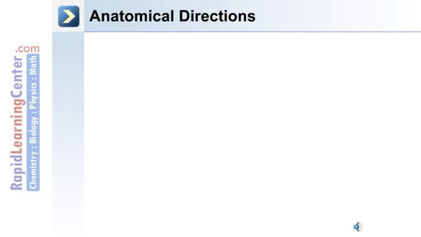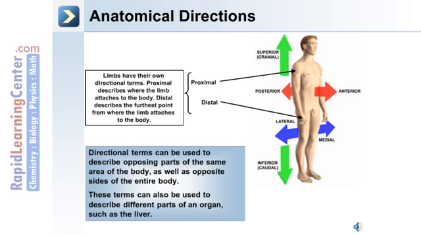Anatomy also includes directional terms, such as superior towards the head or cranial, and towards the feet, inferior or caudal, anterior as the front and posterior as the back, lateral to the side and medial towards the midline.